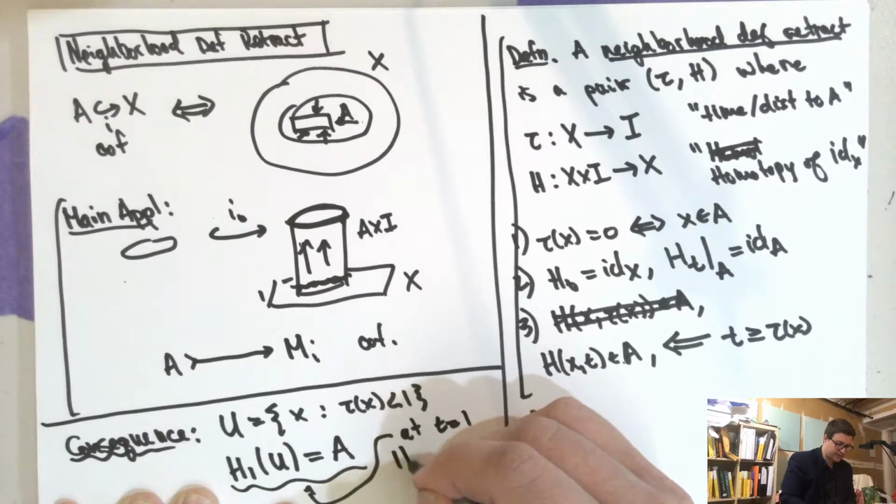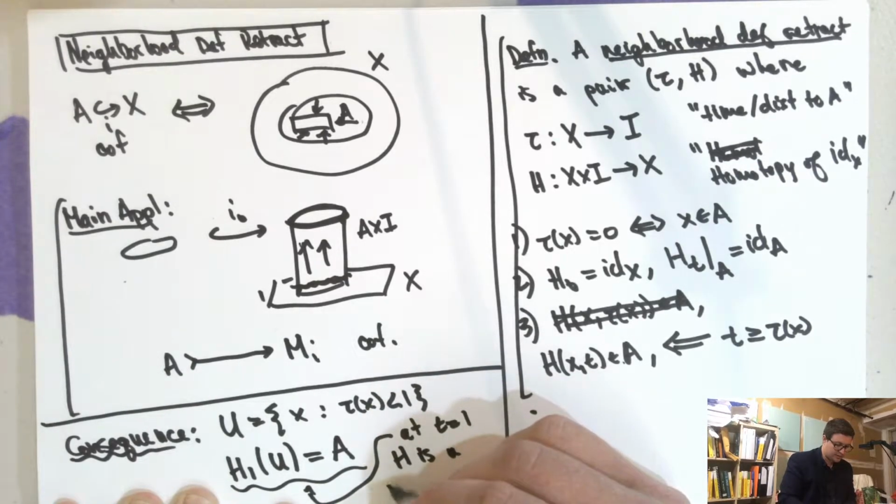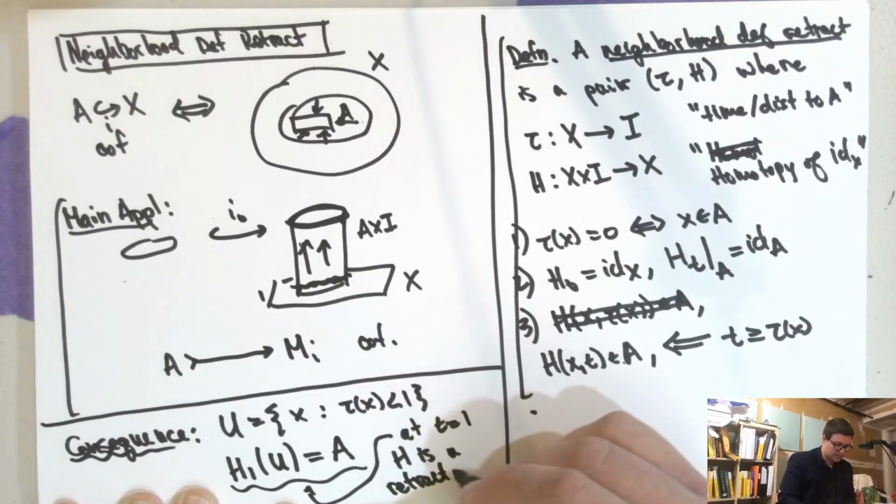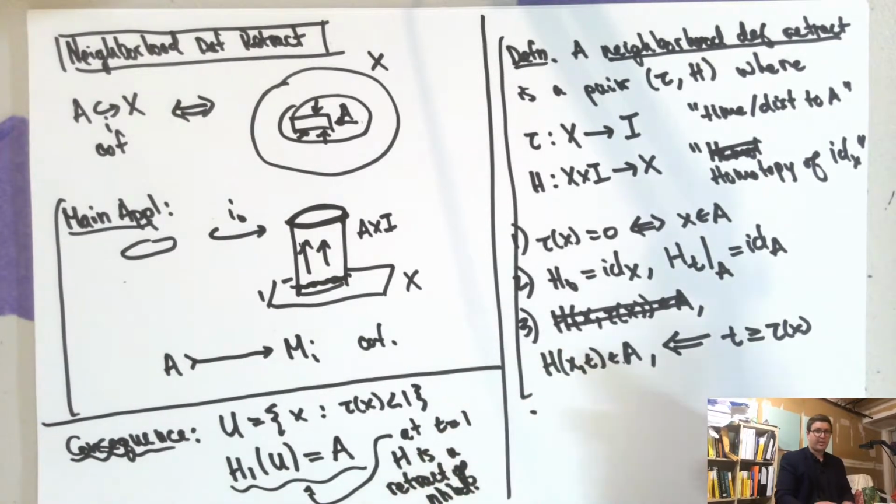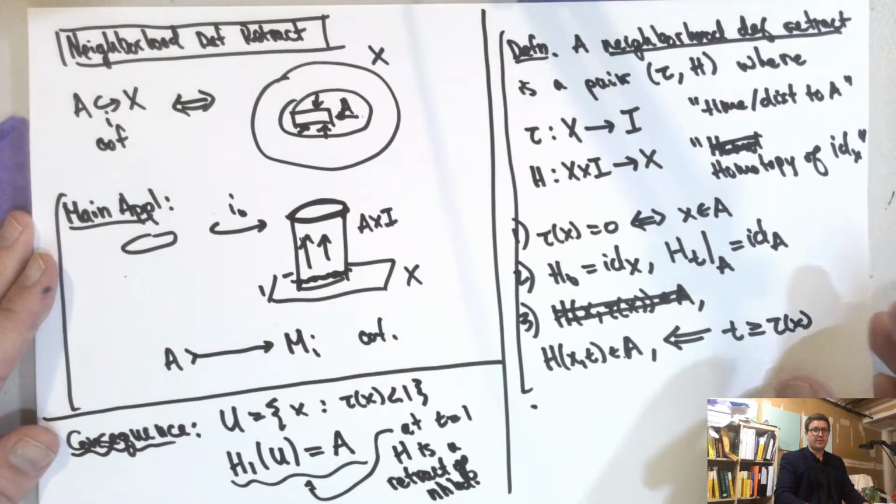H is a retract of the neighborhood. Okay? And so the theorem that I want to say is the following.